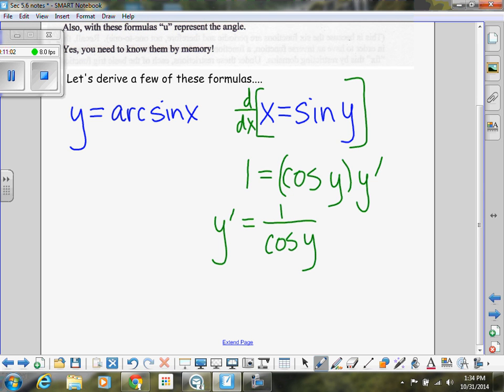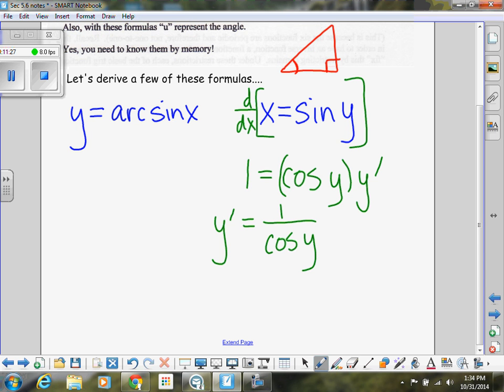Now, here's where the triangle comes in. I'm going to draw a triangle and write cosine of y as an expression, just like we did in that last example. So I'm going to draw a triangle up here, and I'm going to have this angle.